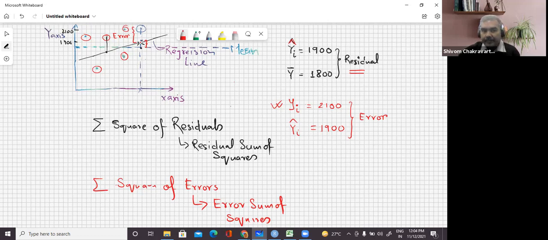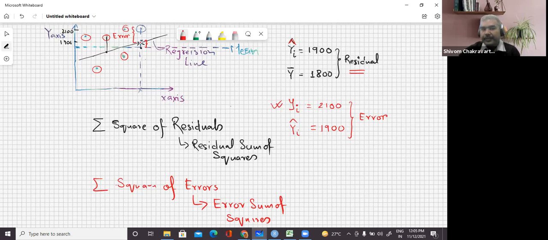Instead of the mean, the value is this much, which is the point on the regression line. We say that this variation is explained. But the actual value is still different. It is not the mean, and it is not the value predicted by the regression line.